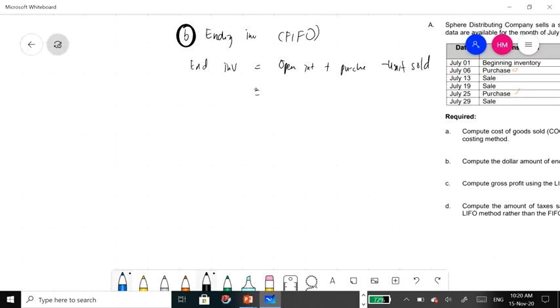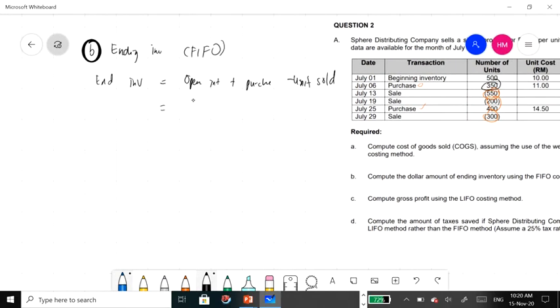So you akan dapat lah ending inventory you. So opening you 500, right? Okay, so 500. Punya purchase tambah semua purchase 350 dengan 400. So tambah, tolak dengan unit sold yang sale ni.